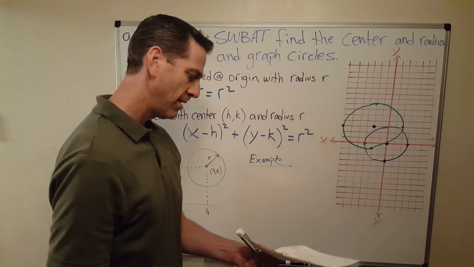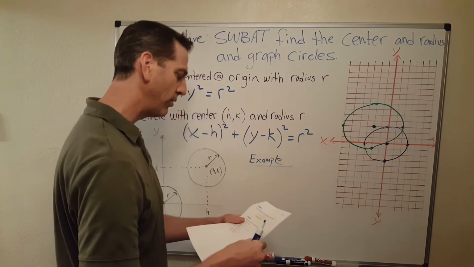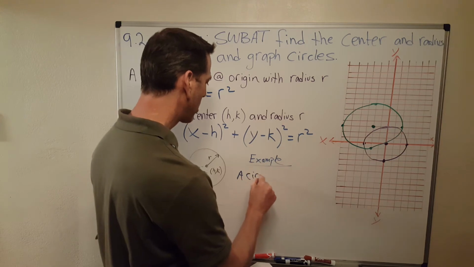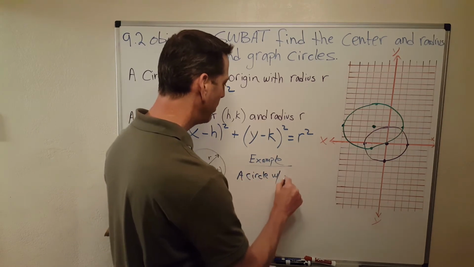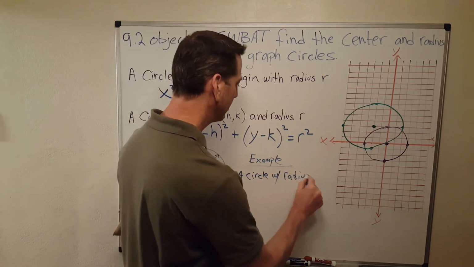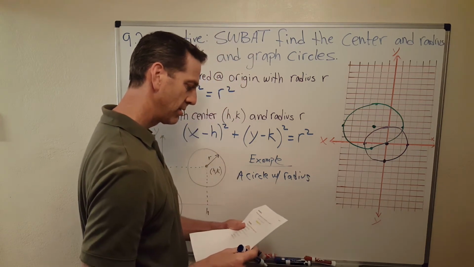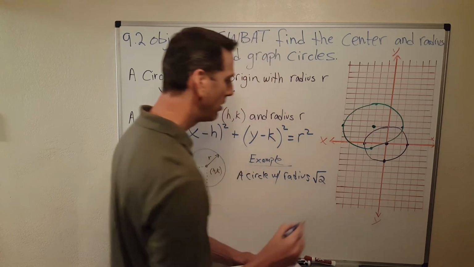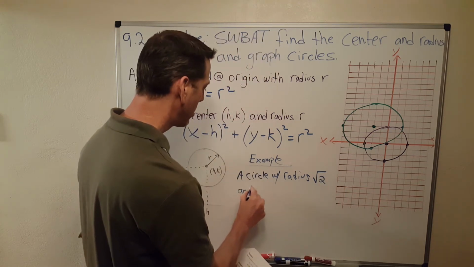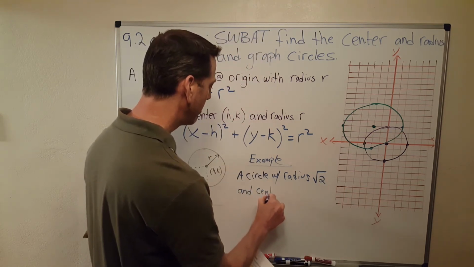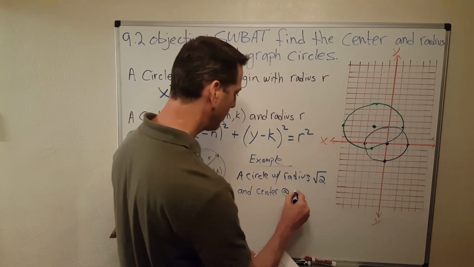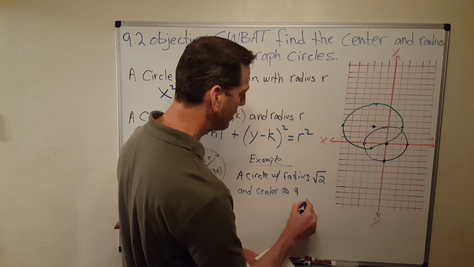Say that on my example, I have a circle with radius of square root of 2 and center at... 9.